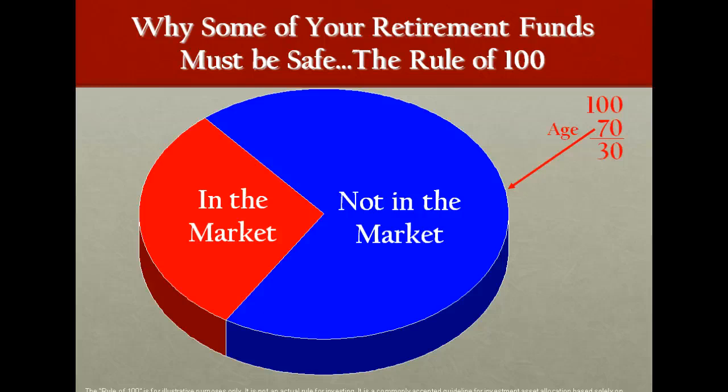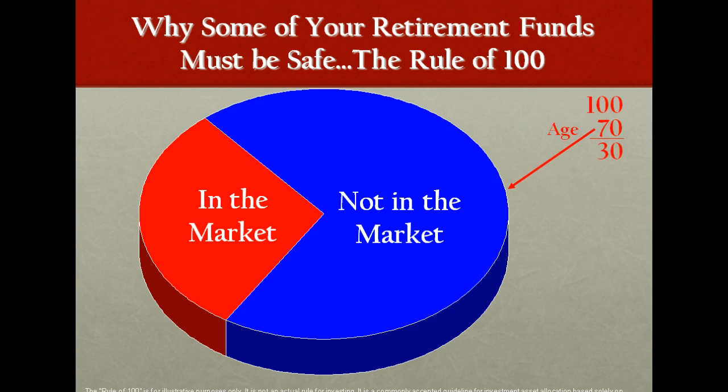So in this example, a 70-year-old subtracted from 100 would be 30. So about 30% of his life savings or nest egg should be placed in the market and placed at risk. The 70% of the assets should be protected and guaranteed.